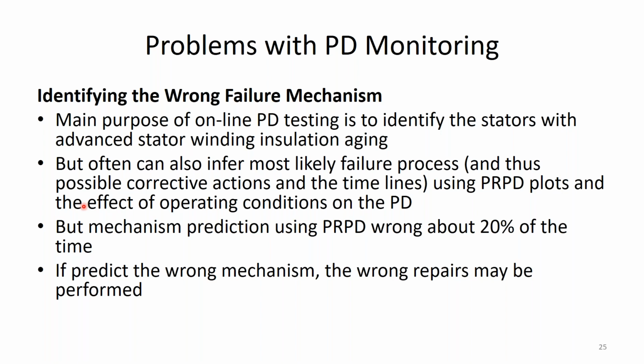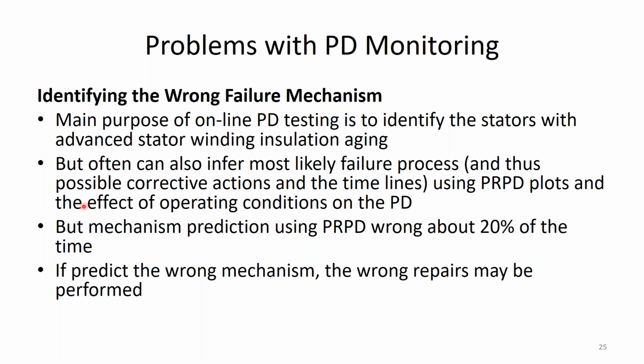Unfortunately, in machines, we have many different kinds of PD sources that can occur. Each one of those mechanisms I pointed out before can have quite a distinctive PRPD pattern, and they all behave differently as you change the voltage, load, temperature, or the humidity. Each mechanism will behave a little bit differently. So we can use the PRPD plus the effect of operating conditions on the PD to help us identify the root cause.